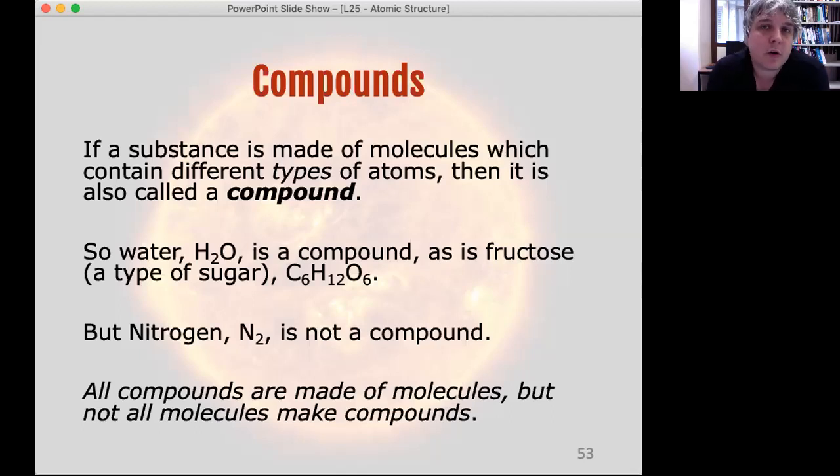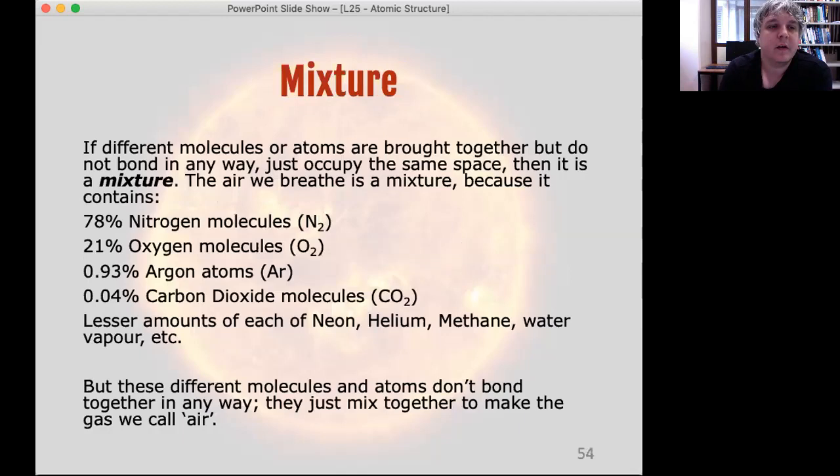Nitrogen N2 is not a compound because even though it's made of molecules, each molecule is made of the same type of atom, same element. So all compounds are made of molecules, but not all molecules make up compounds.